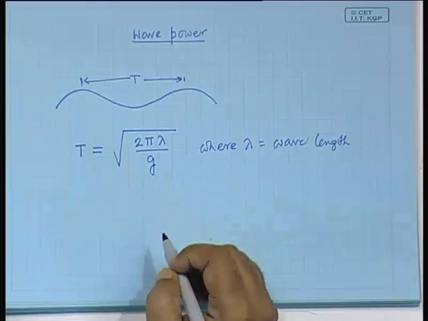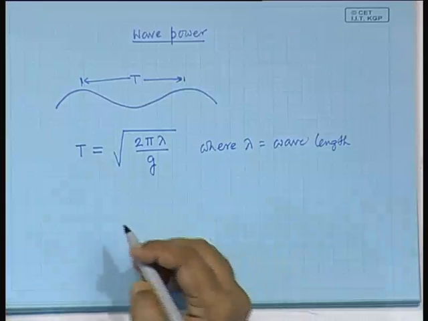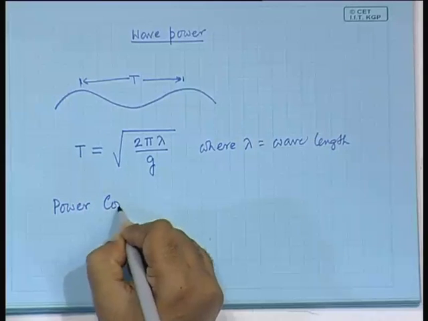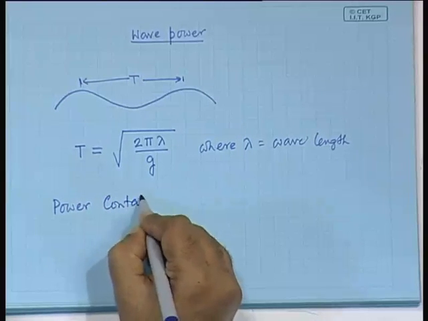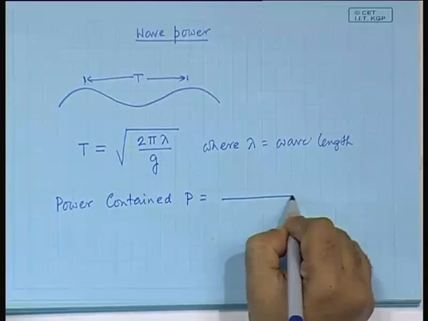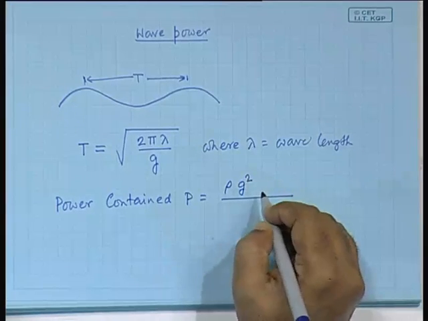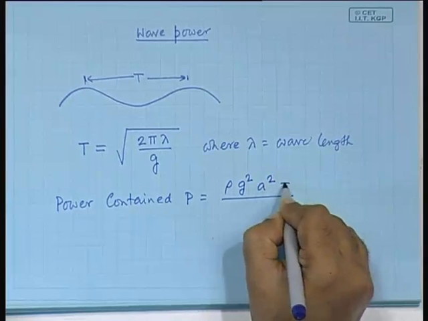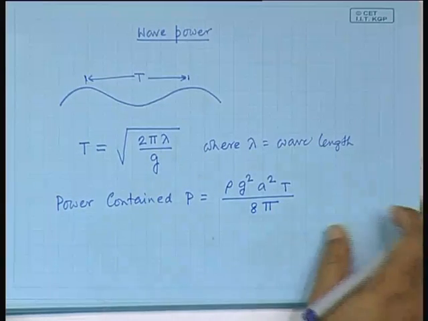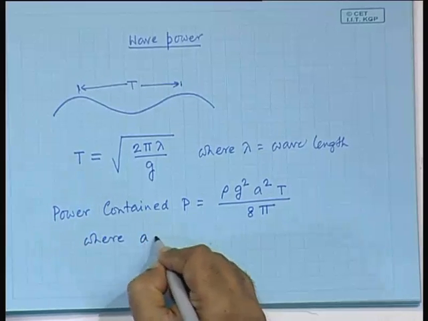Now, T is necessary because the power content in the wave is expressed as, where A is the wave amplitude.